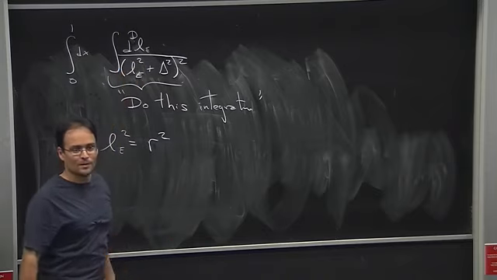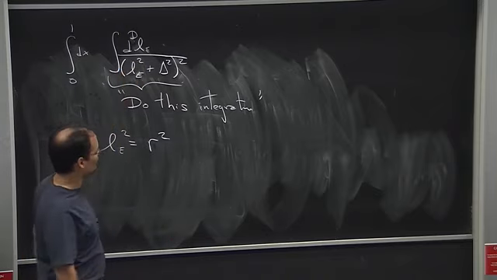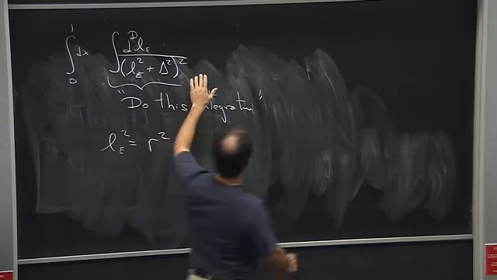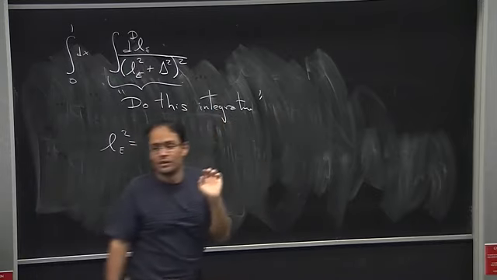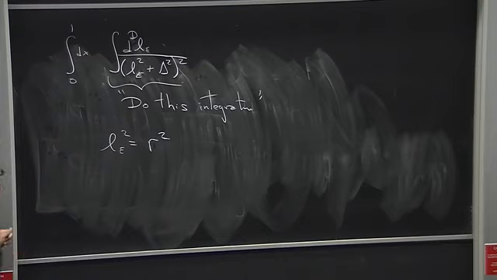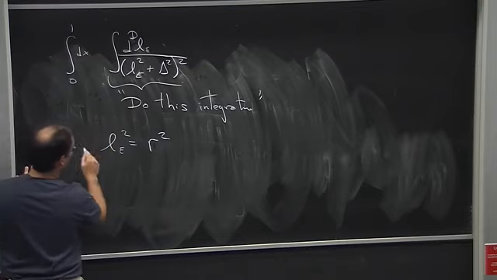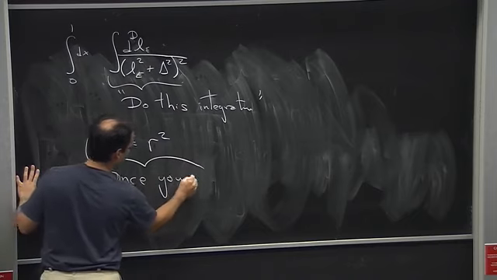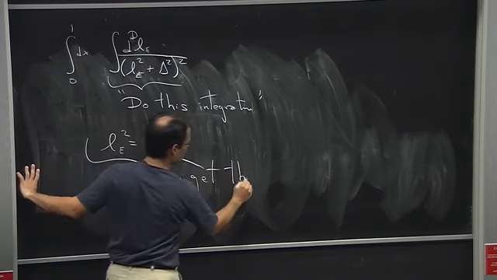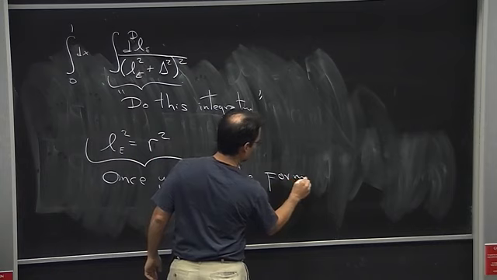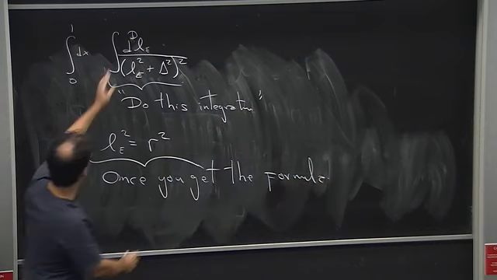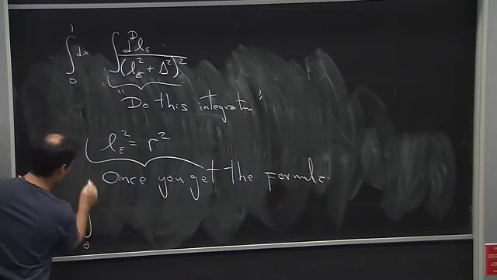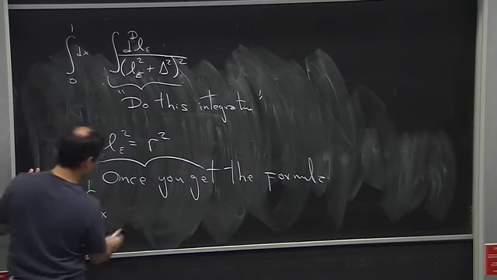Once you have the formula, it depends on d. Once you have the formula, you can do whatever you want with d. So this integral will be an integral from 0 to 1 dx of something.